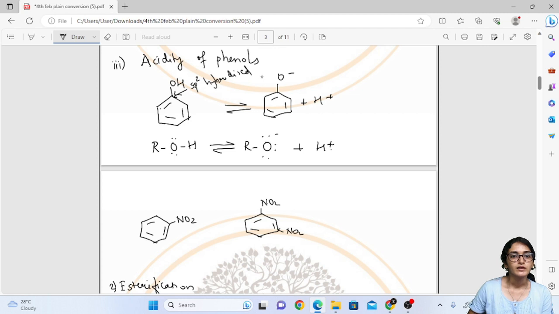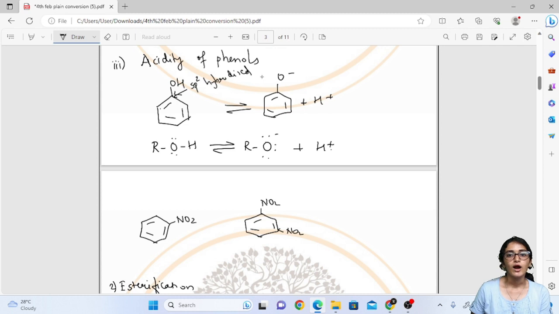Here we have an sp2 hybridized carbon, so the electron density is not that much on the oxygen. Since electron density is not that much, we can have more attraction between O and H. So that's why acidity is more, polarity is more.